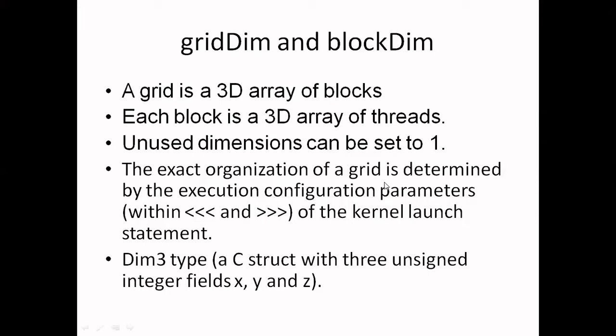The exact organization of a grid is determined by the execution configuration parameter. While launching, we keep the parameter as something comma something. The first part before the comma will be your grid dimension, and the second part after the comma will be the block dimension.